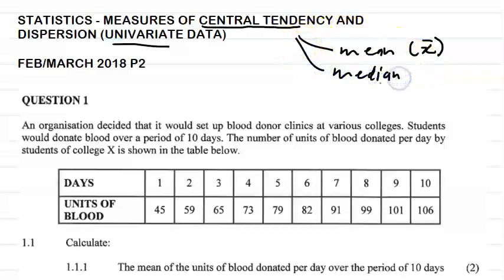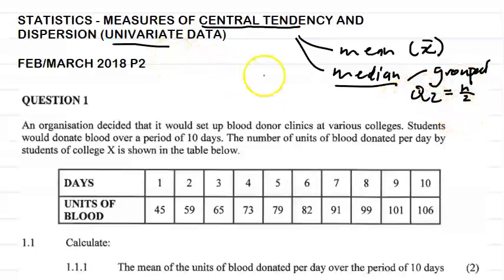Now, this is important. When finding the median, we must remember that for univariate data, there's two types of data. We can get grouped data. So for grouped data, our median Q2 will be the number of values over 2. So that's the position of our median. Now remember for grouped data, it would be already tabulated for us.